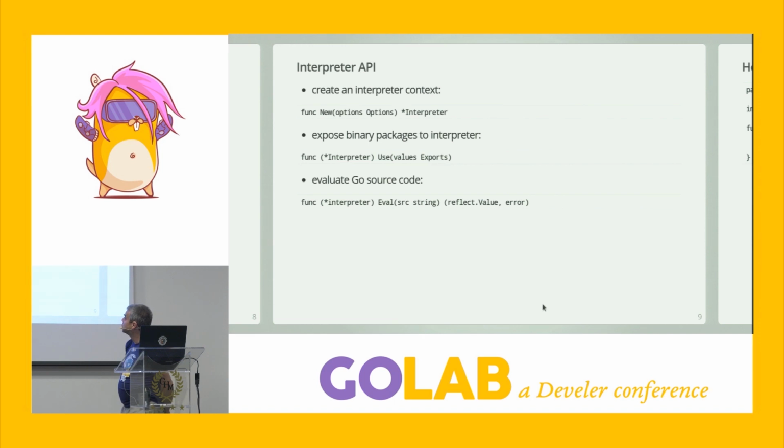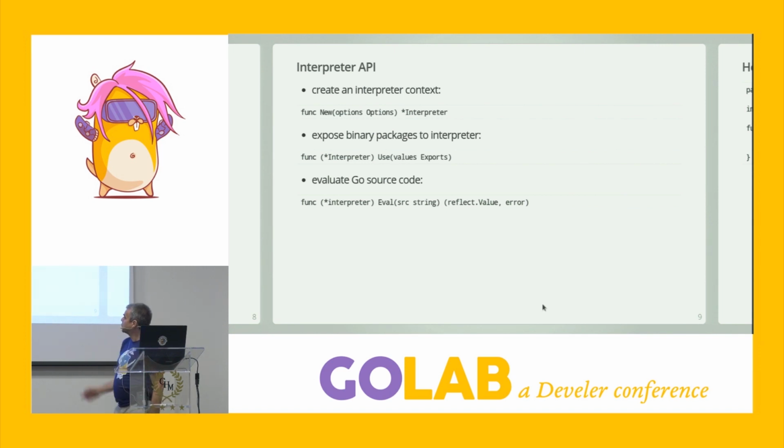If you provide empty options, it will use the standard Go path, and that's it. Then if we want to run some source code, you have a method on the interpreter called i.Eval, where you provide a string, which is the source of the code that you want to execute. This source obviously is just Go code.